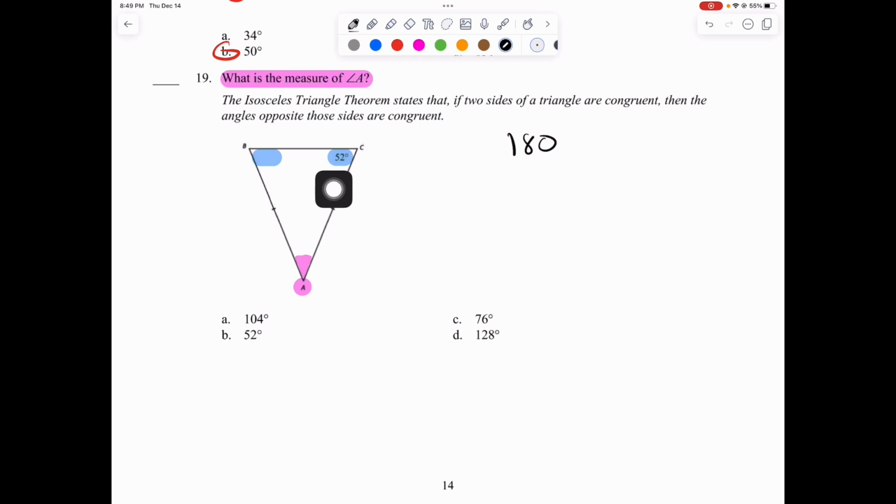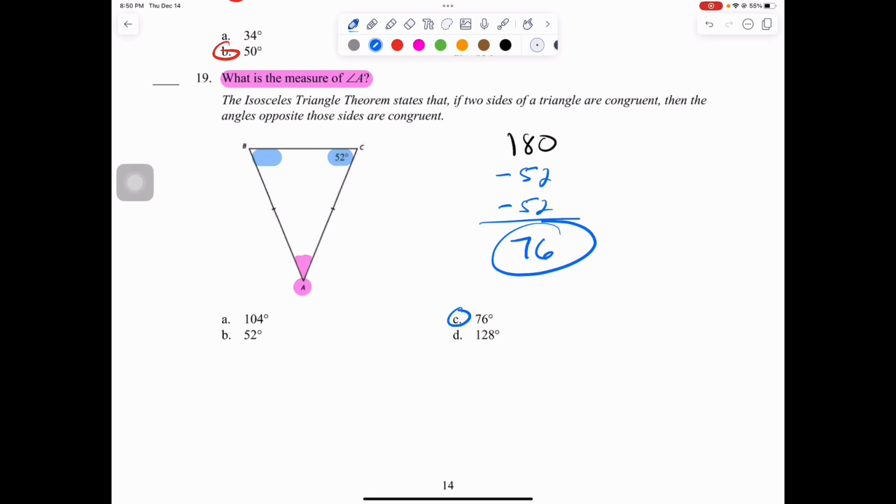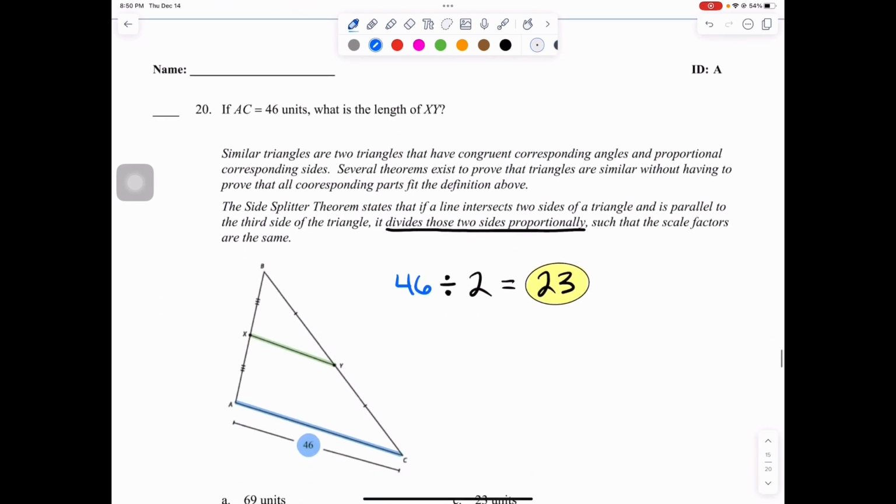Einhorn is Finkel. So minus 52, minus 52, 180 minus 104 leaves us exactly 76. Circle your answer. Moving on to number 20.